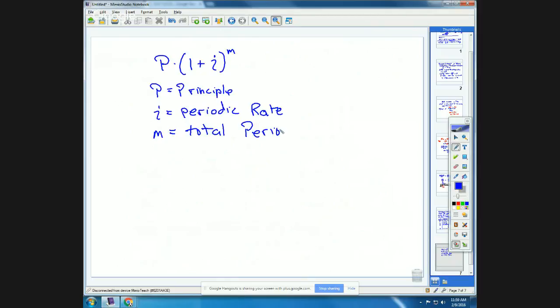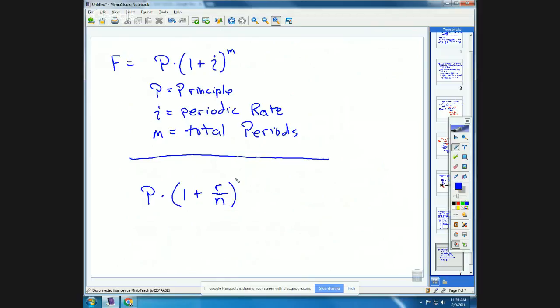There's another variation on this formula that you'll see a lot, where it'll look like a principal. And again, this usually represents a future value, F, times 1 plus, and often they'll let R represent the APR, in which case, if we have compounding periods, N would be the number of compounding periods per year.